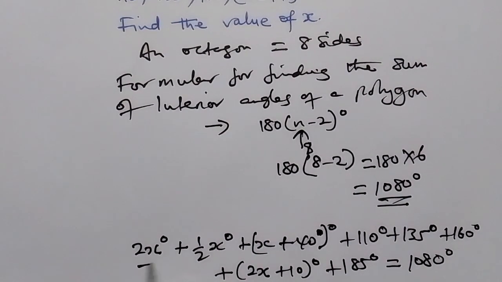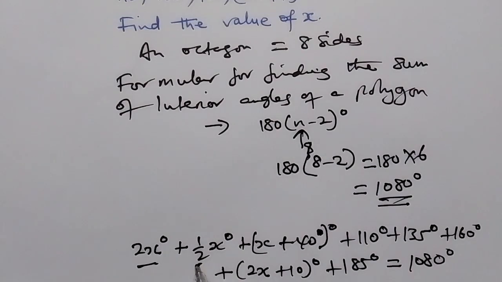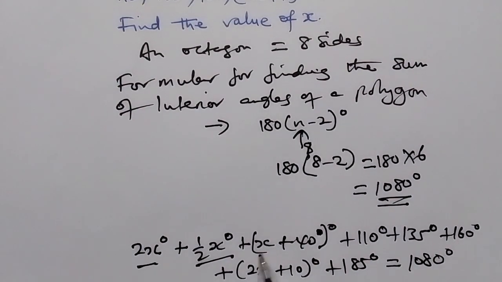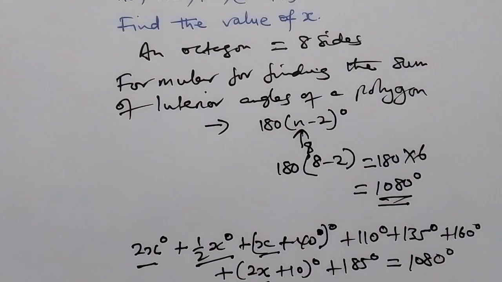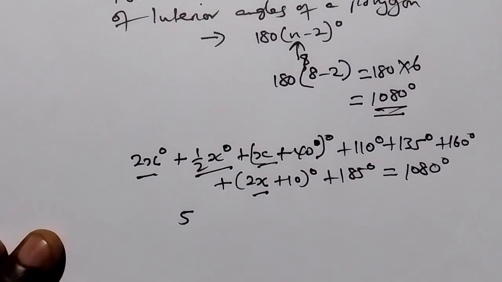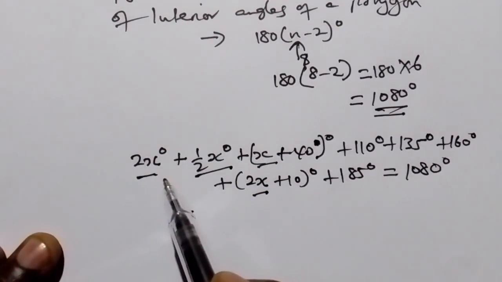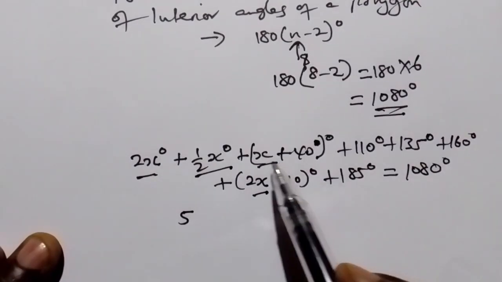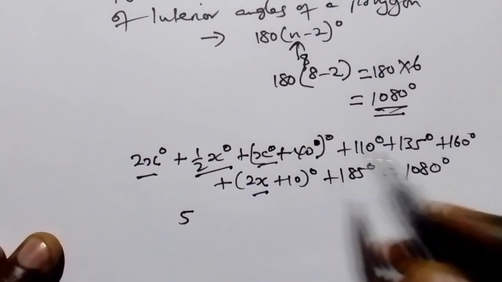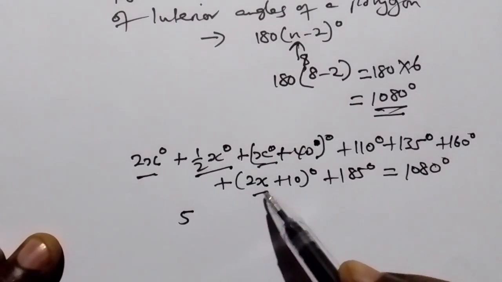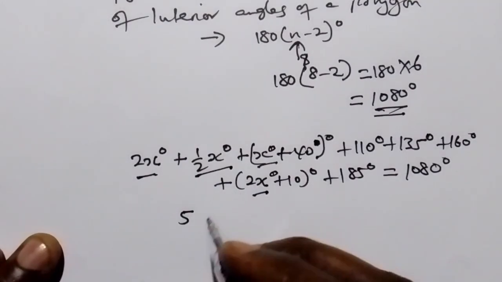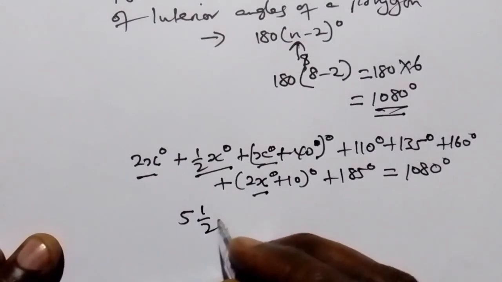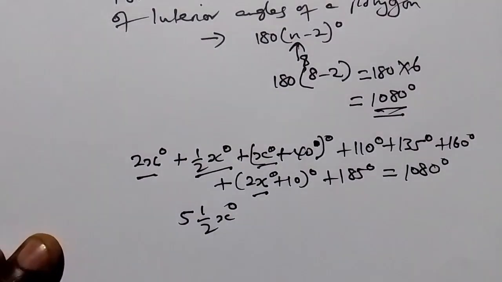From here, when we add 2x, half x, x and 2x, we are going to end up with 5.5x degrees.